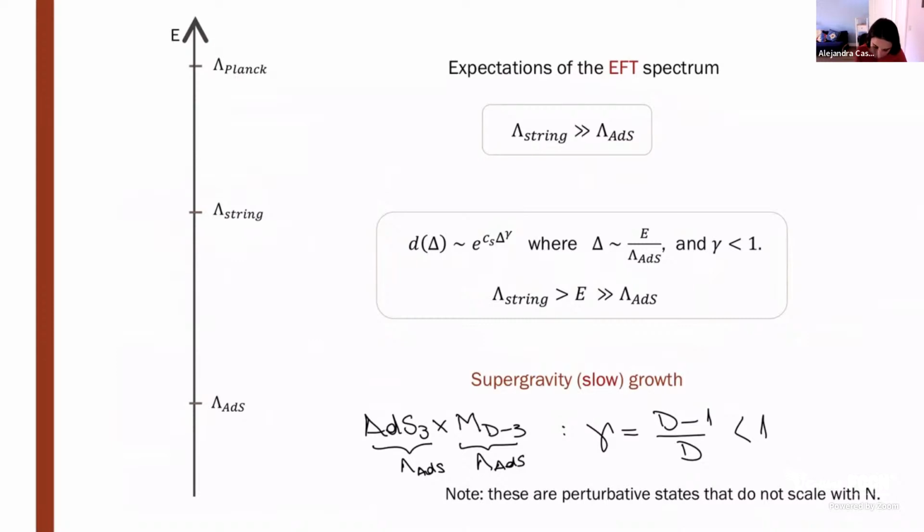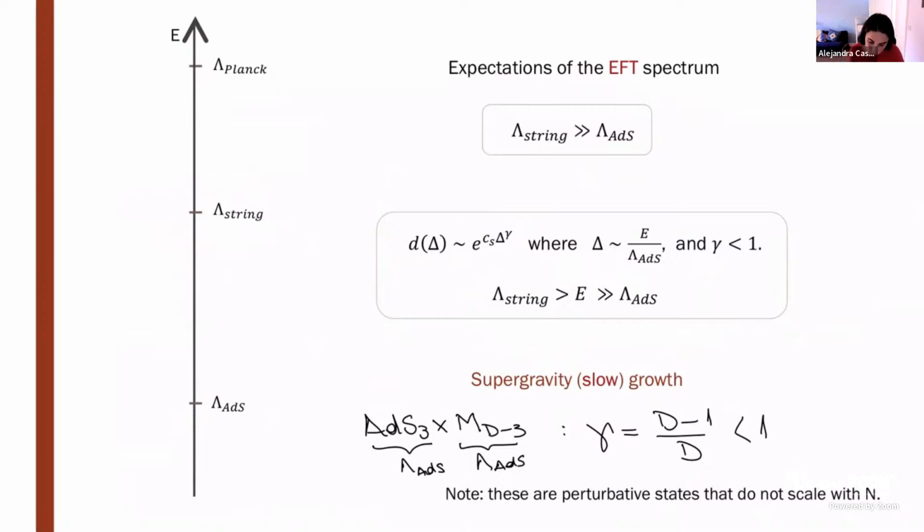If you exactly have an exponential here, that's a string spectrum. If you have a lower power, you can always think that it comes from some d-dimensional box that gives you that suitable power. In the case of 6-dimensional supergravity, this power will be 5/6. That's how many perturbative quantum fields you can fit in that 6-dimensional box.